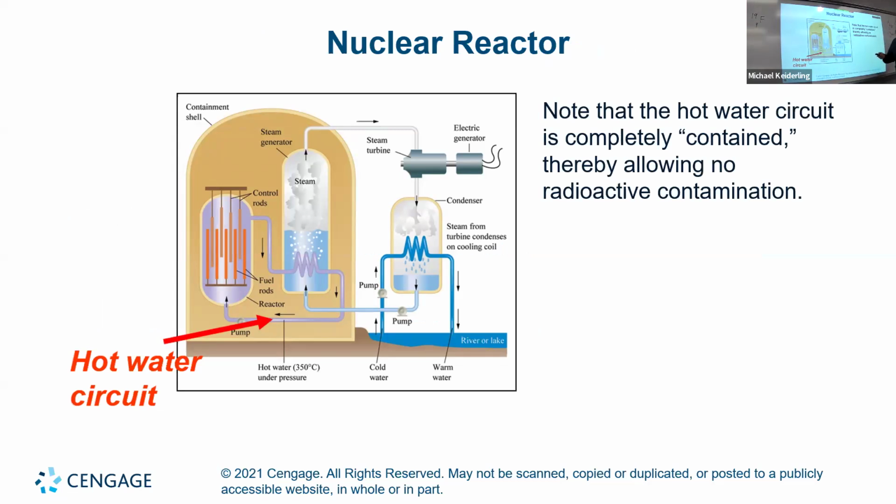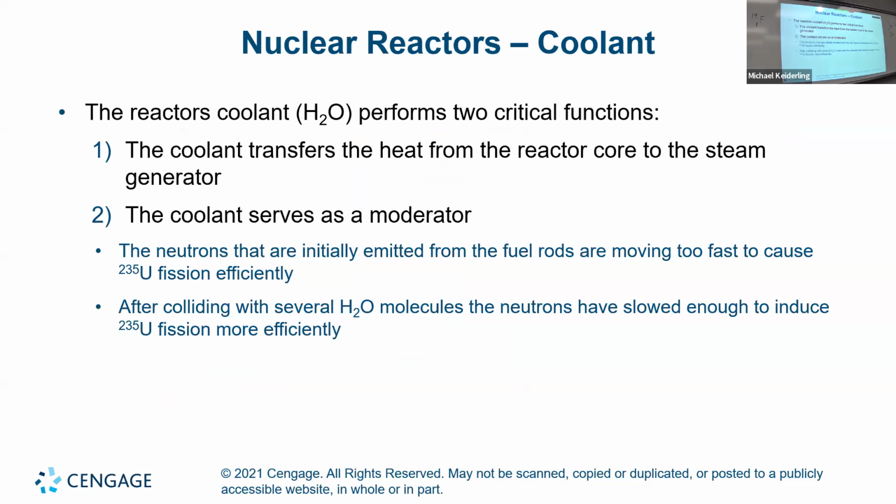Usually there are two circuits. You have hot water running through the reactor, which heats other water, which turns to steam and flows through the steam turbine. That isolates the water that's exposed directly to radioactive material, so there's no radioactive contamination.